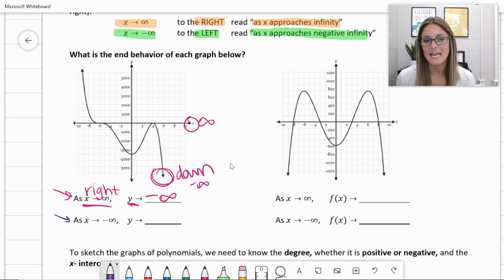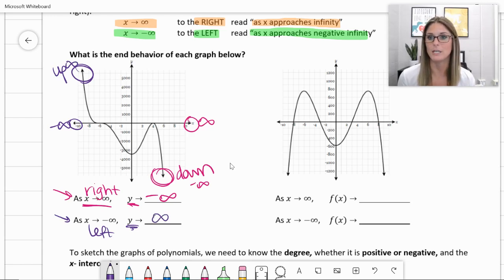Second statement, as x approaches negative infinity, that's to the left. As the graph goes left, my left arrow, what's the y value doing? Is it going up or is it going down? It's going up to infinity. So finish the statement there to show y is approaching infinity. Let's try it again.